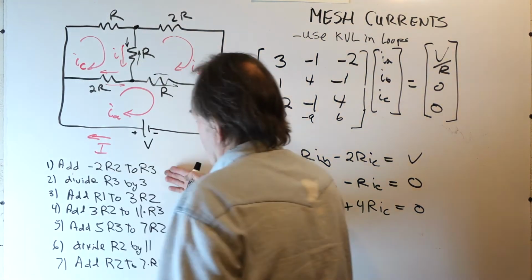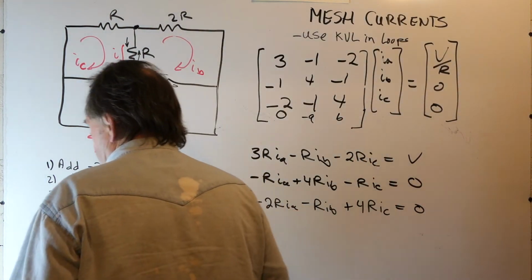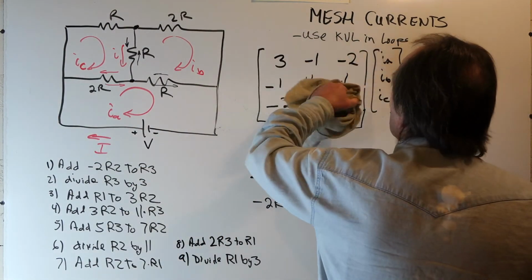And this is the recipe. And if you follow these 9 steps, this matrix will get reduced down and it will look like this.